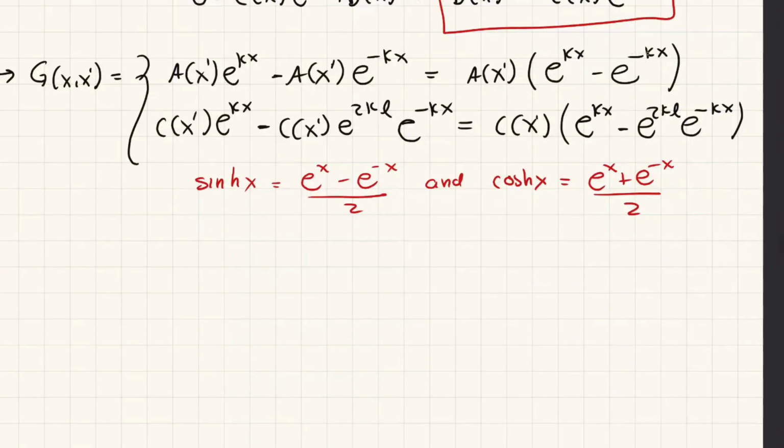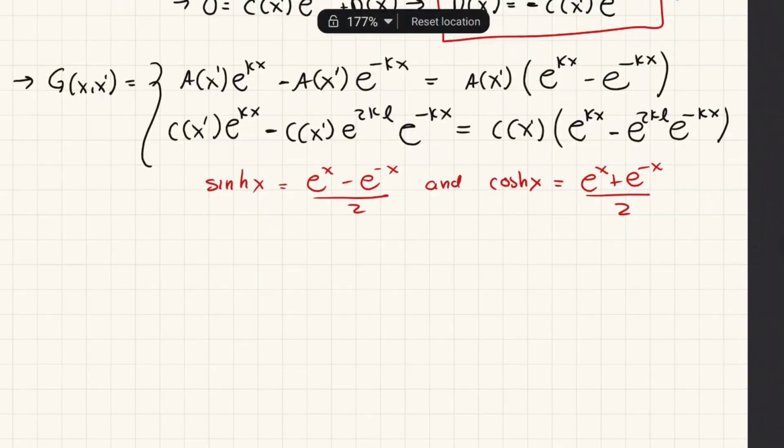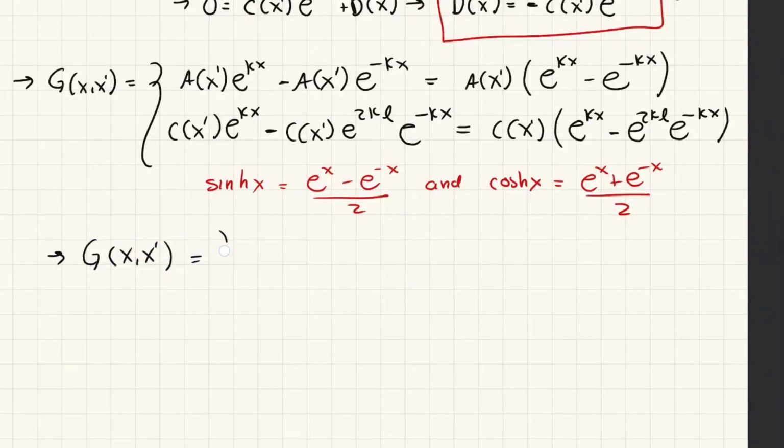So we can see this as 2 times the hyperbolic sine of kx. So let me write that. We will have that the Green function is a of x prime times 2 times the hyperbolic sine of kx. This is for the first part.